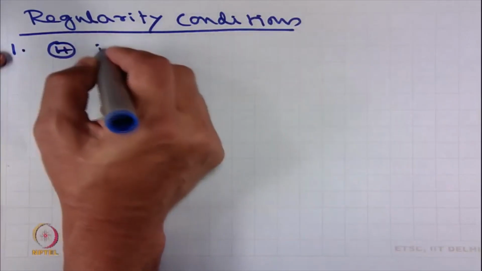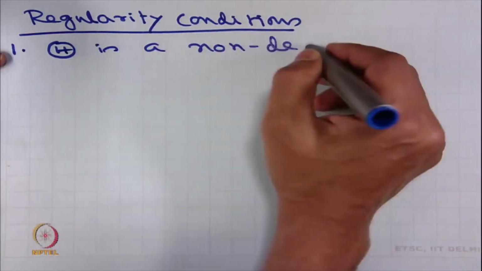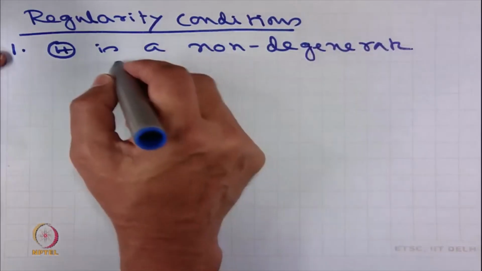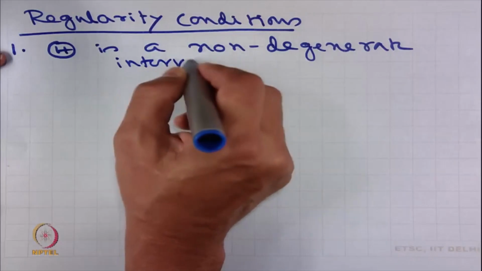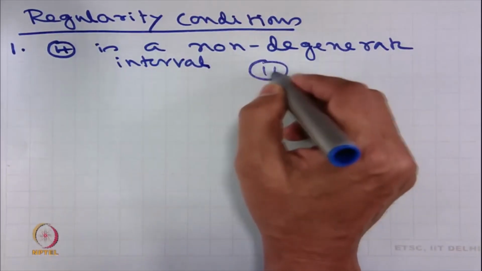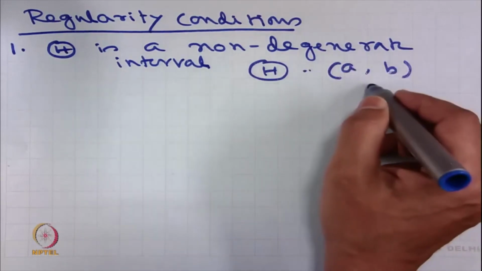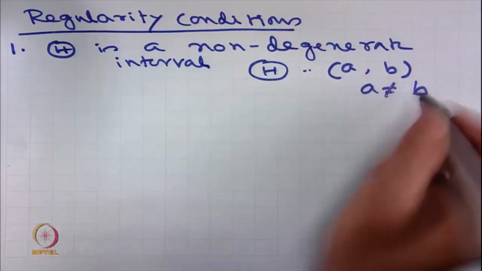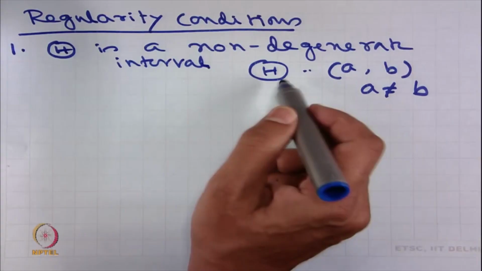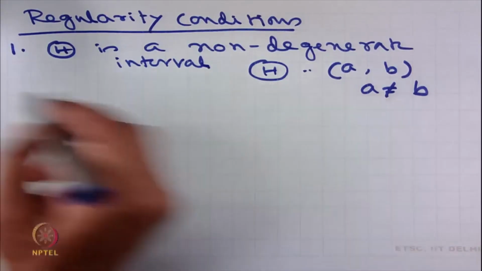Theta is a non-degenerate interval. That means, theta has to be of the form a to b, a not equal to b, so that differentiation with respect to theta makes sense.